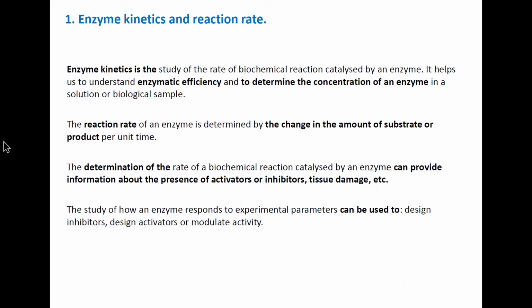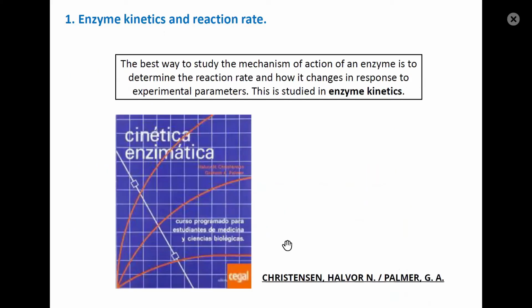So then, enzyme kinetics and reaction rate is the best way to study the mechanisms of action of enzymes, and also to determine the reaction rate and the change in response to experimental parameters. This is studied in enzymatic kinetics.